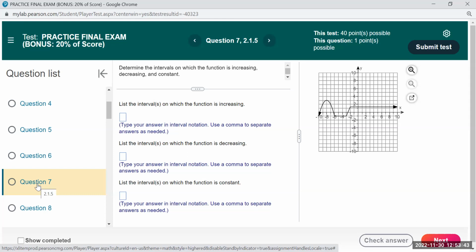Okay, here's the graph. -10, -6, 4, -2. In between 2 and 1.